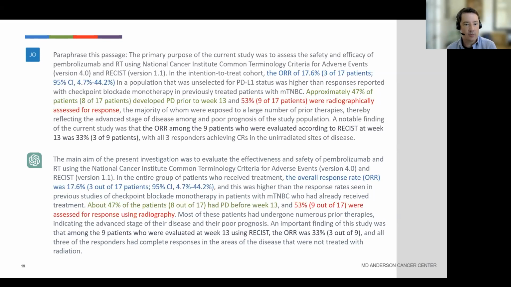And it returned something fairly respectable because you can see that the data are identical in the highlighted portions. So the ORR matches, the 95% CIs match, the rates of progressive disease, and the number of patients who were assessed for radiographic response. All those things remain the same. So it does work a little better when you provide it with your own information.